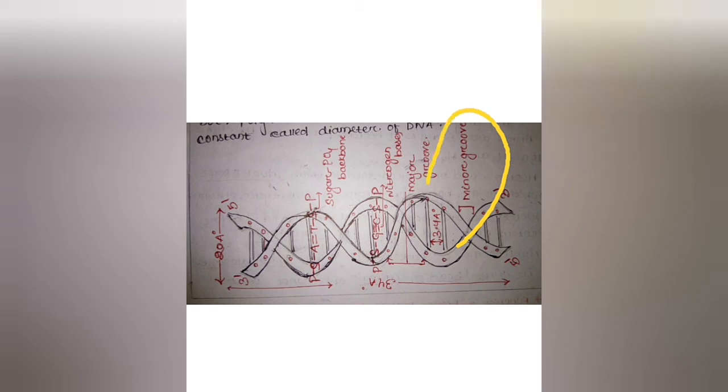The groove here is called the minor groove. As the distance between the strands is larger here, it is called the major groove. Adenine, thymine, guanine and cytosine are nitrogenous bases. Between two adjacent base pairs it is 3.4 angstrom or 0.34 nanometer.